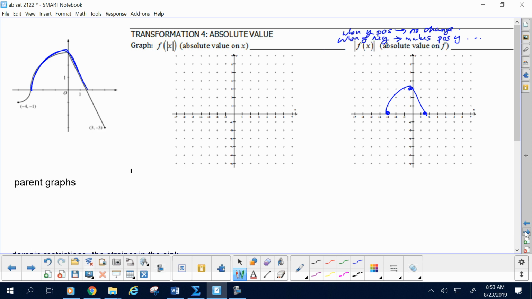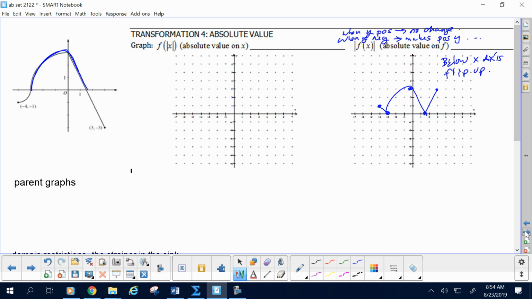F of negative 4 wanted to be negative 1, but then I take the absolute value of that, and now it's made positive 1. And so that point that was below is now above. And these guys, for example, here, when I put in a 3, f of 3 is negative 3, but then take the absolute value of that, it's made 3. And so all the negative parts get flipped up. Parts below the x-axis get flipped up.